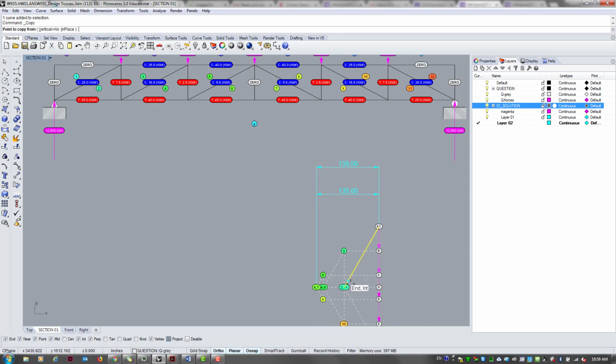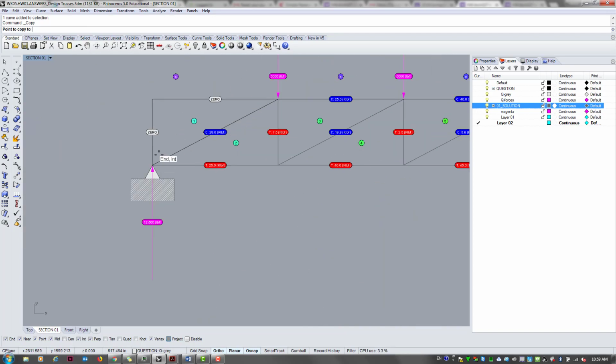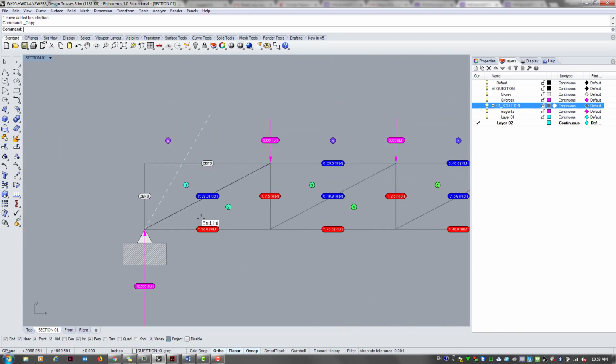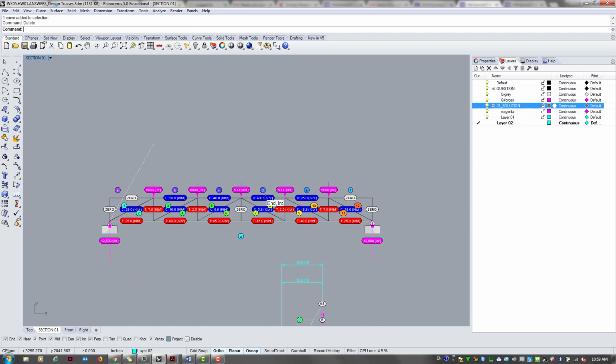So now this is going to make a really deep truss, because for example, this 1, 2, that diagonal member needs to be at this angle, right? So again, I'm just going to extend this line to the vertical line so that it matches.